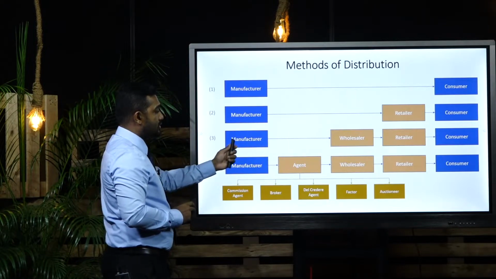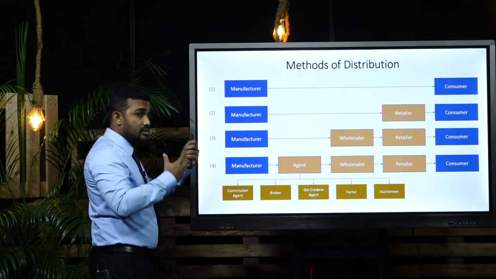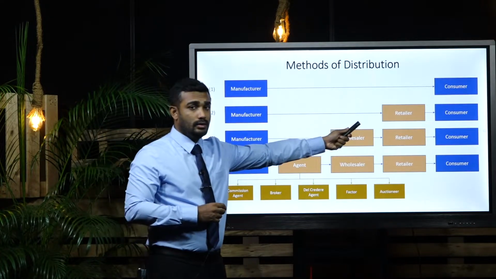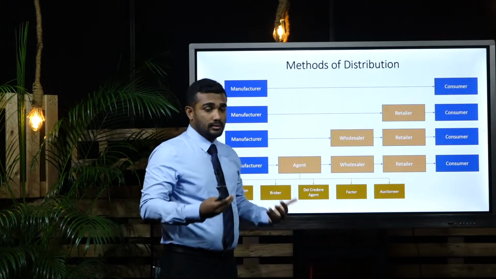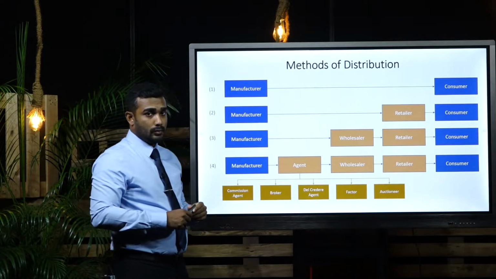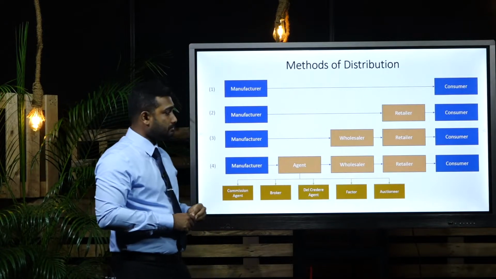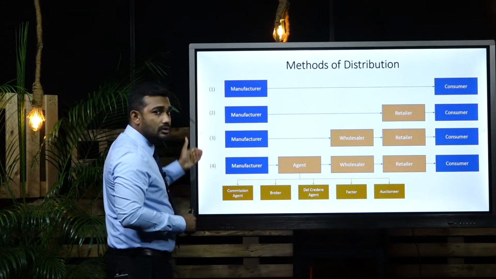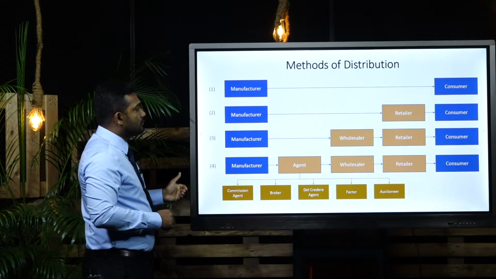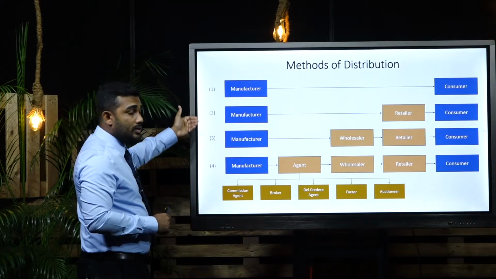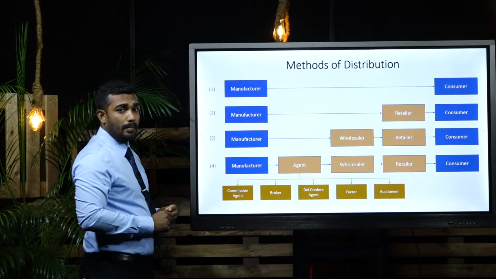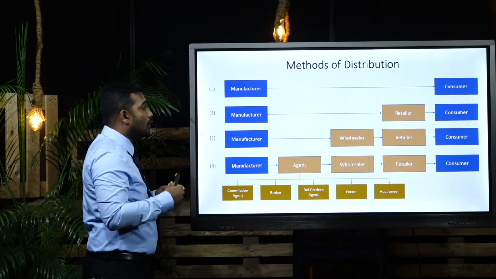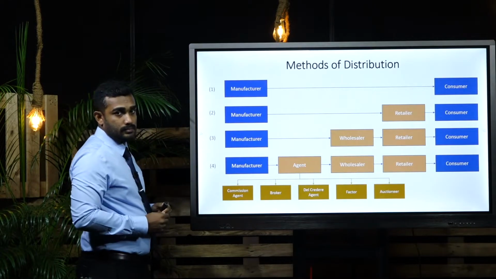On one hand you have the seller, the person who owns the good, and on the other end you have the person who is going to use it, who is going to consume it. So, this is how the distribution is going to take place. There can be multiple channels as I said, but it depends on what the product is.